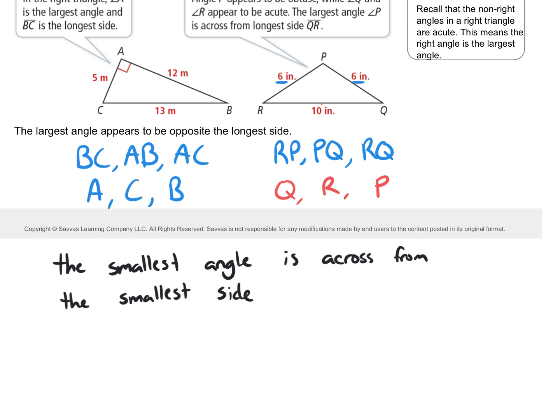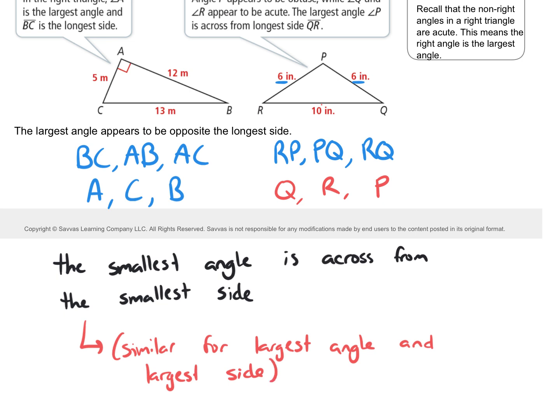Do you agree with that? That is the same. So you can say similar for largest angle and largest side. Okay, so angles and sides relate to each other by being opposite of each other across from the triangle.